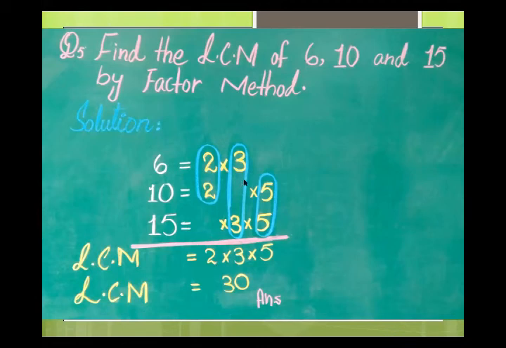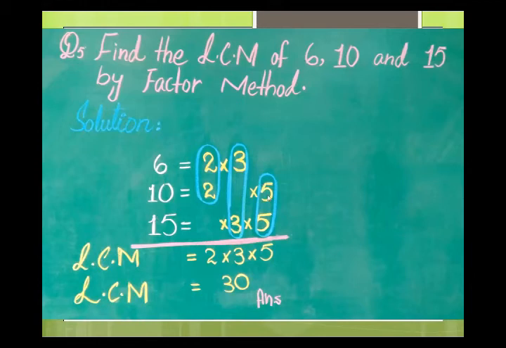For 6 and 15 we have a pair of 3. You see that 3 is a factor of 6, and 3 is also a factor of 15. Then we take it as a pair and write just a single 3 over here, just because of the pair. Okay. Then you just list out the remaining numbers.